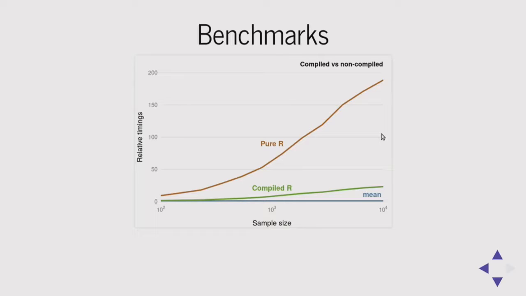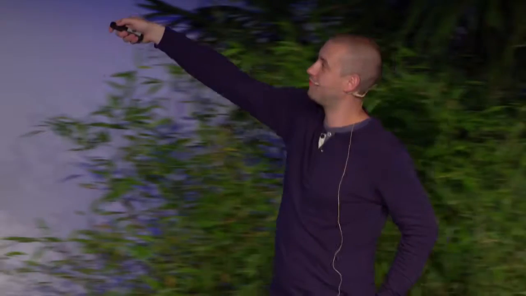This is relative timings. So here it's round about 25 times slower than the C version. But that's a lot better than the uncompiled version, which is 200 times slower. So compiling functions does have a good potential of speeding up your code, with essentially little to no overhead.